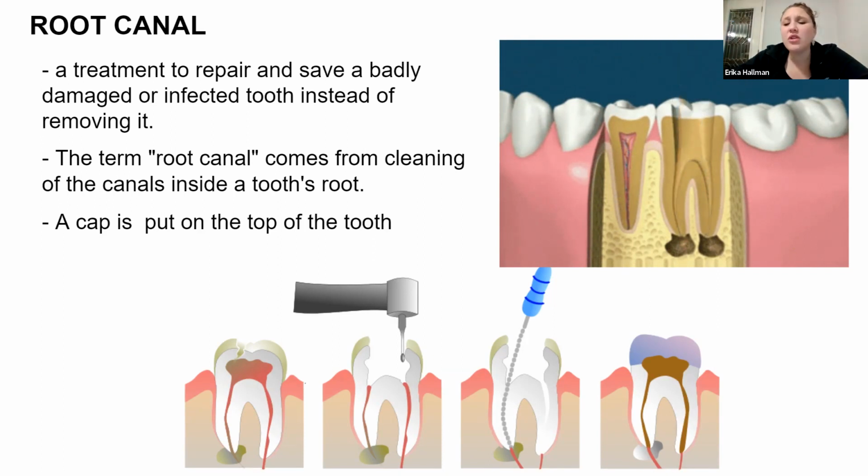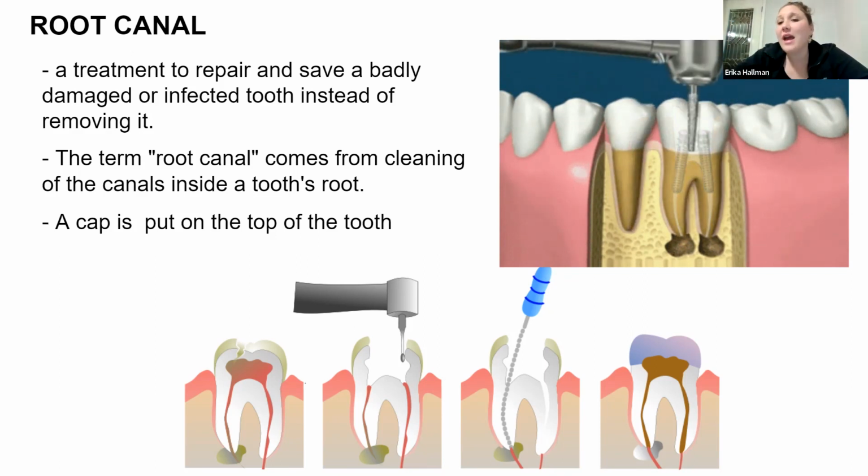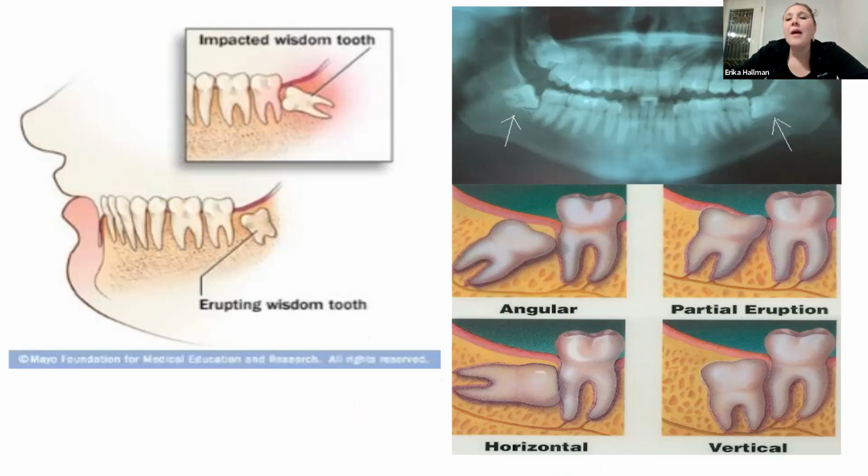And then they will construct a new cap, which they design and shape and file and smooth down to match the rest of your teeth. That basically means that tooth is no longer living from the inside tissue, but it also means that it won't decay anymore and it probably will not cause you pain either.